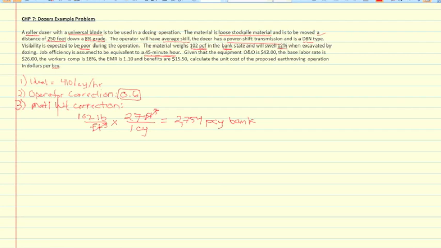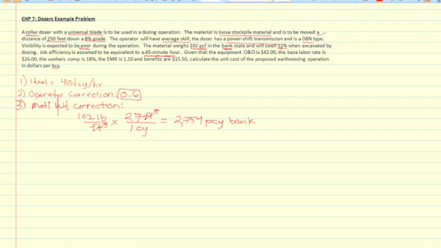The way you do that is you use this swell factor right up here. It's a 12% swell. When you're going from bank to loose, it's going to decrease in density, so for every cubic yard that you have, it will actually weigh less. Think of it that way so you don't get confused and increase it by 12%. You want to make sure that your loose is going to be less.